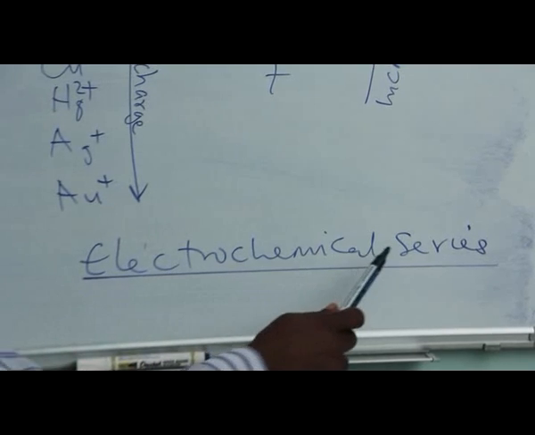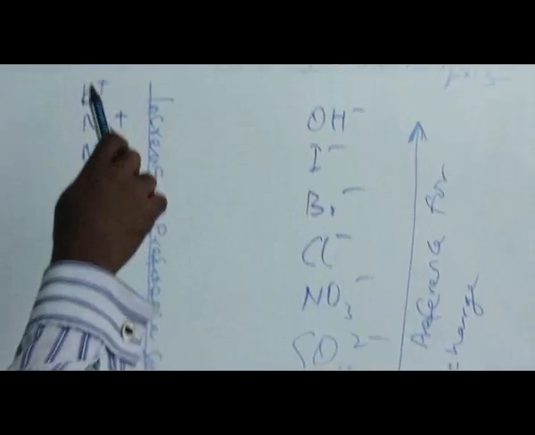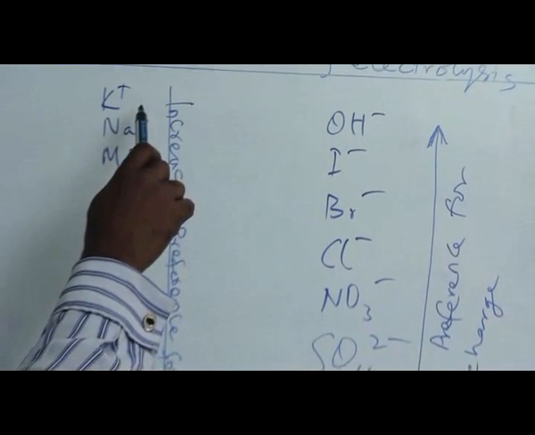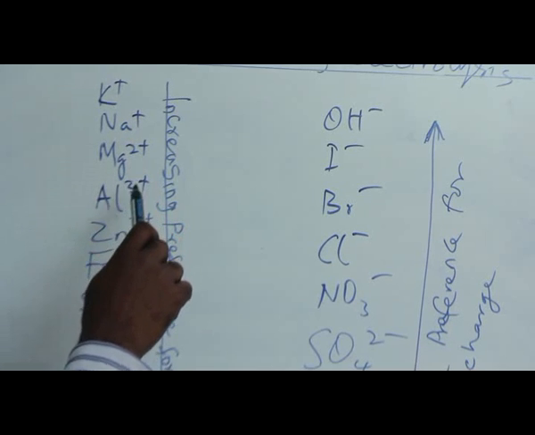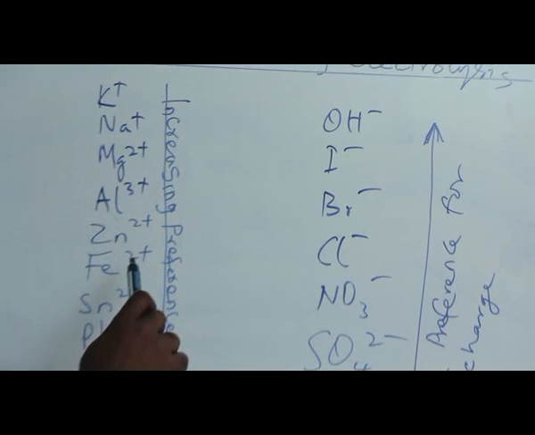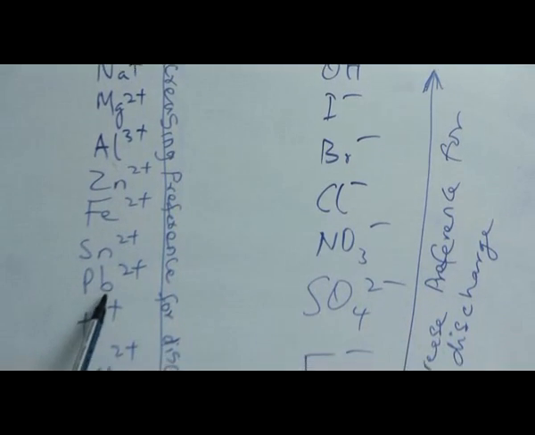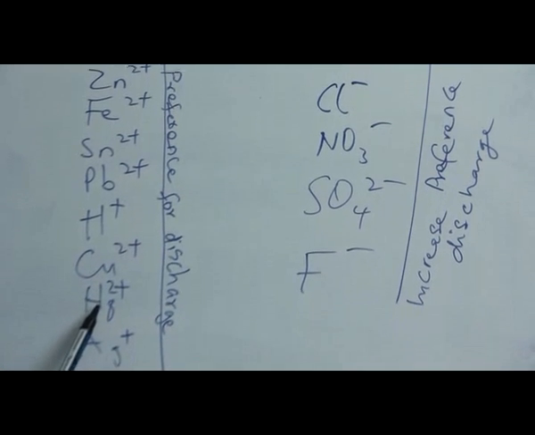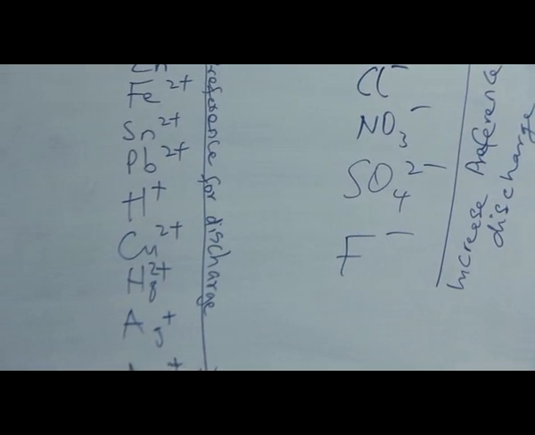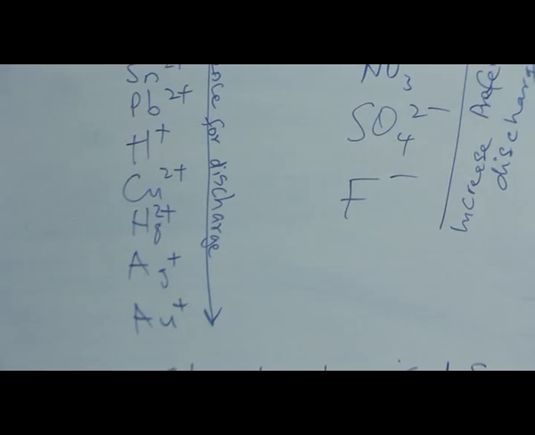The electrochemical series can be represented here. At the top is potassium, followed by sodium, magnesium, aluminium, zinc, iron, tin, lead, hydrogen ion, copper, mercury, silver, followed by gold, in the increasing preference for discharge.